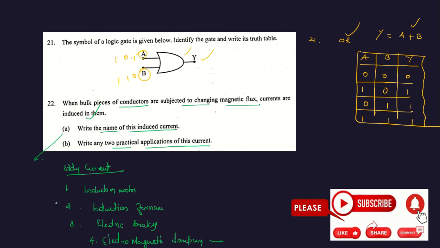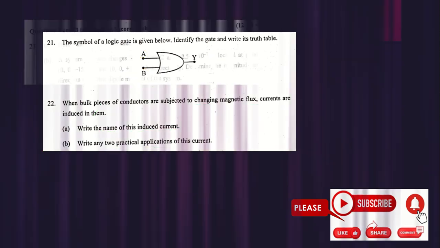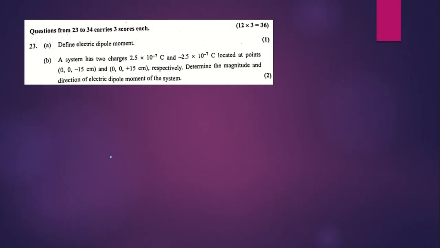So these are the important applications with the eddy current. Number 23, define the electric dipole moment. So we know for a dipole, the two equal but opposite charges are separated by a small vector separation.